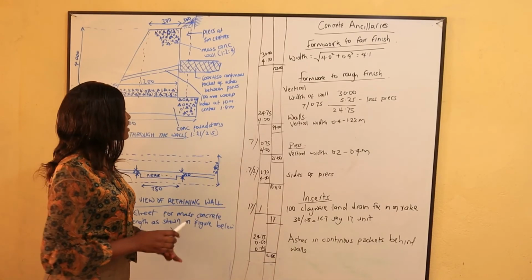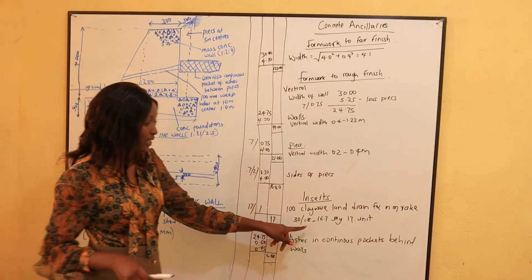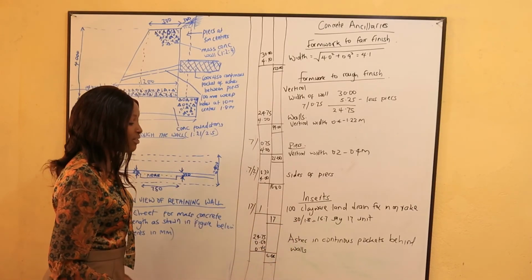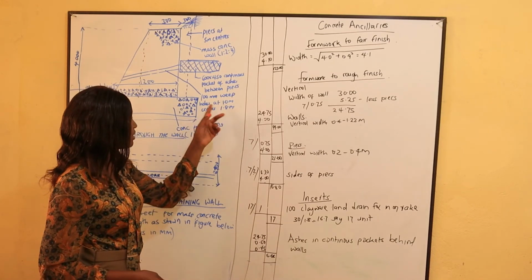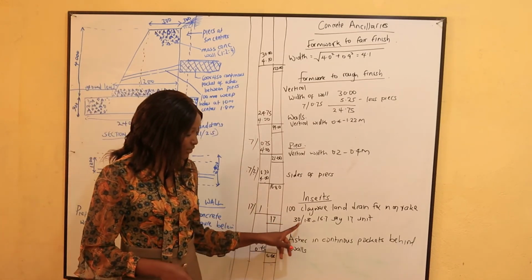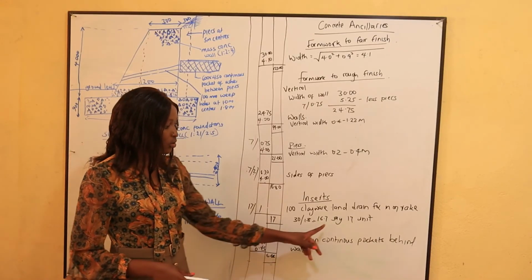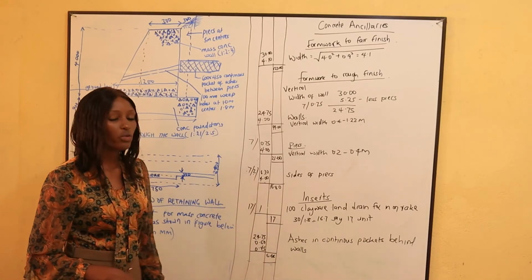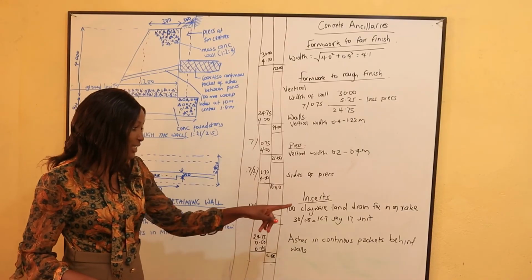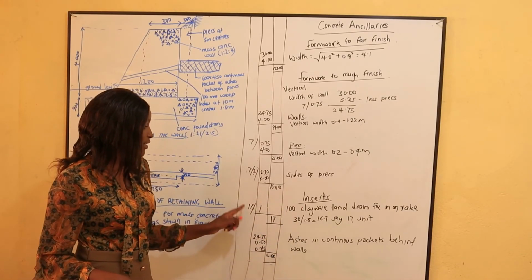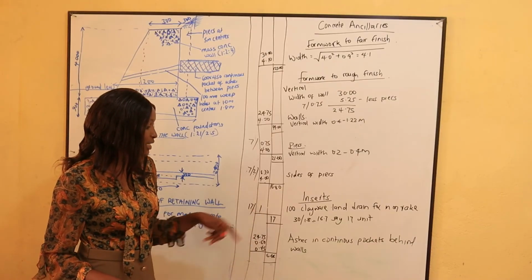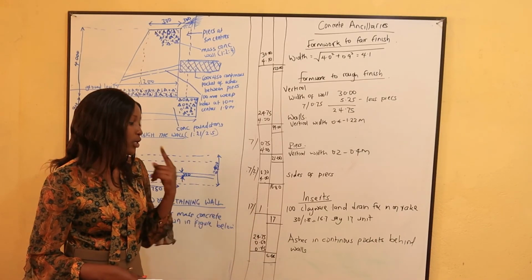So the centers of these holes are 1.8 meters. The total length of the wall is 30 meters. How many weep holes do we need? It's 30 divided by 1.8. So we shall get 16.7. So we shall need 17 units of drain pipes, and in every drain pipe we need only one.